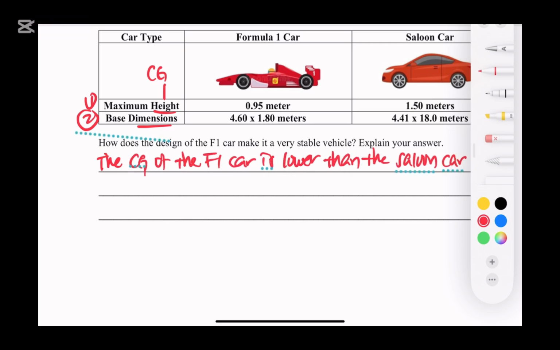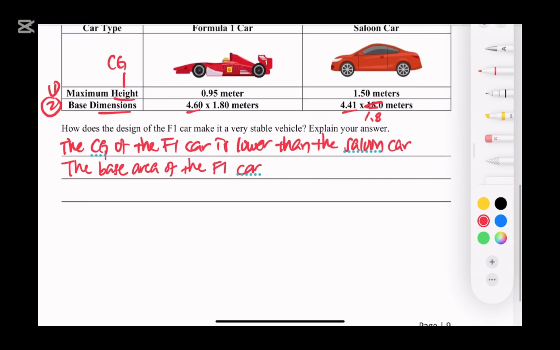Next is the base area. The F1 car. In this case, you can actually do a bit of mathematics, right? So you can see that this is actually not 18, this is 1.8, sorry. Okay, so you can see that, okay, 4.6 and 4.41, in exam you might want to press the calculator and provide the numbers, but otherwise it's fine as well.